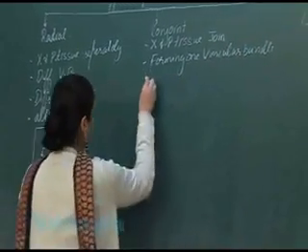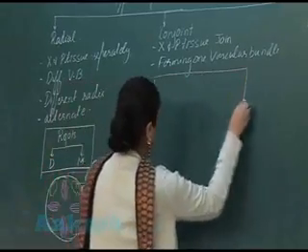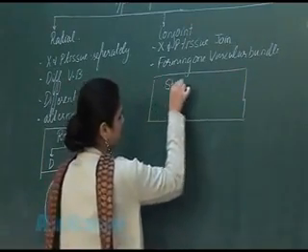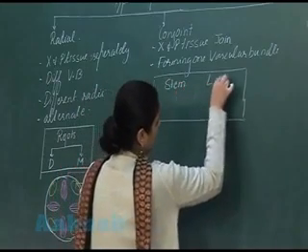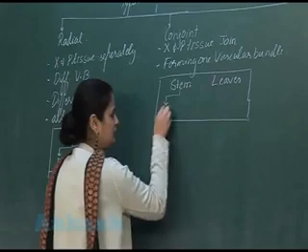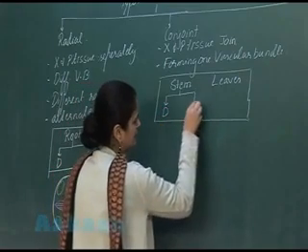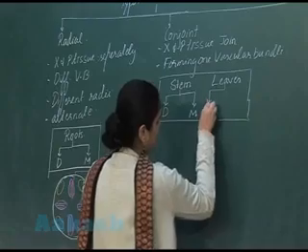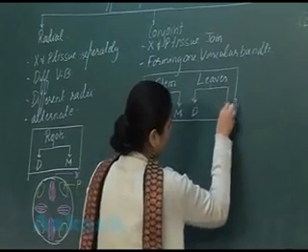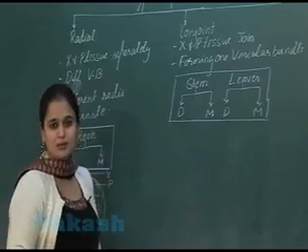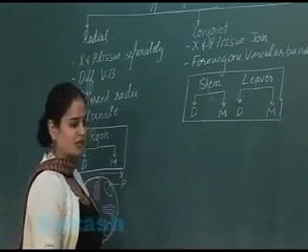Now, this type of condition is seen in stem and leaves. In the stem, it is seen in both the dicot as well as monocot stem, as well as in dicot and monocot leaves. Now, these conjoint vascular bundles are of two types.